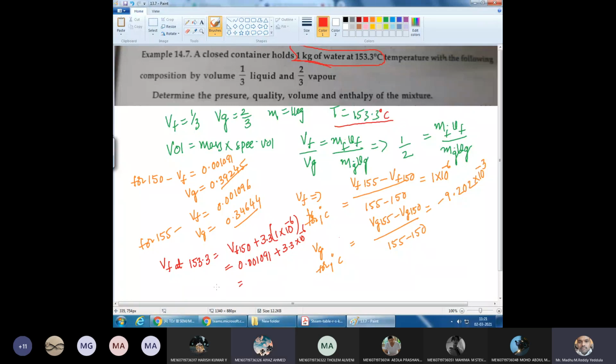Maybe you will get 0.001094. Check it. This is VF at 153.3. Almost you will get that.